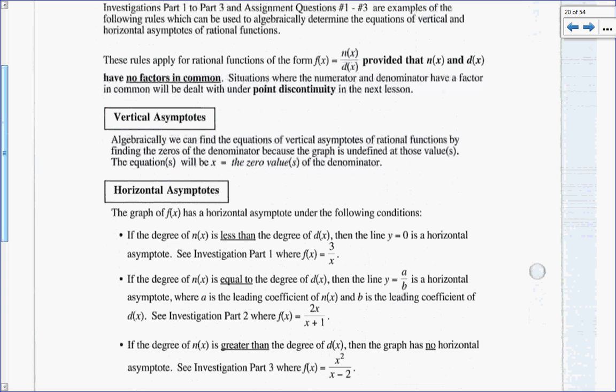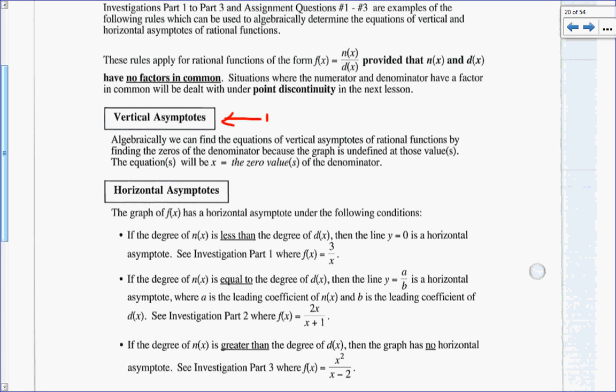The vertical asymptotes, that was that red line that I drew. How did we determine that the equation of that line was x equals 1 in the example that we just did? We figured out what our non-permissible value was, right?